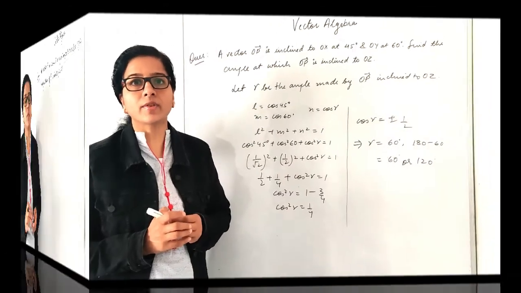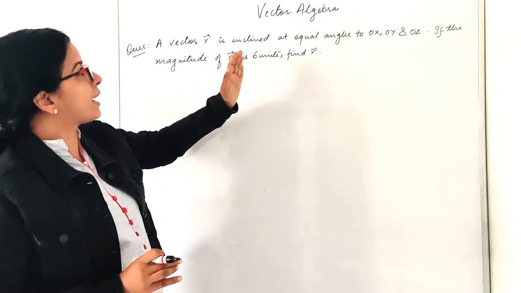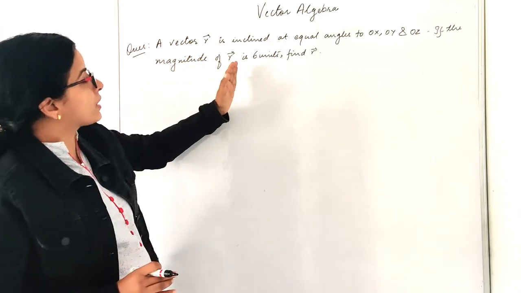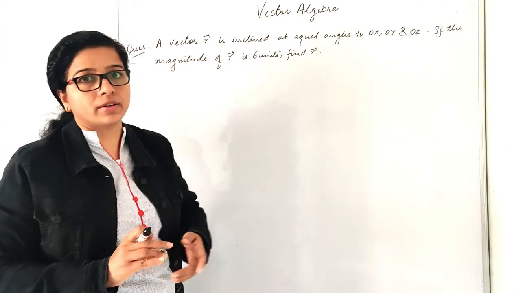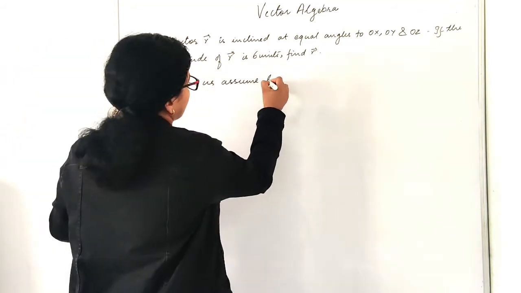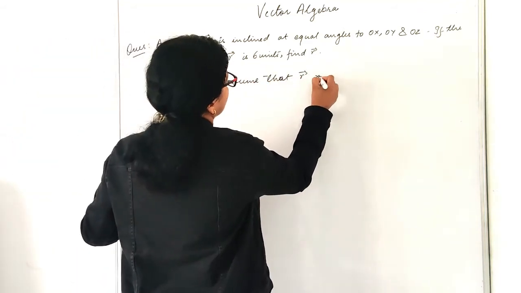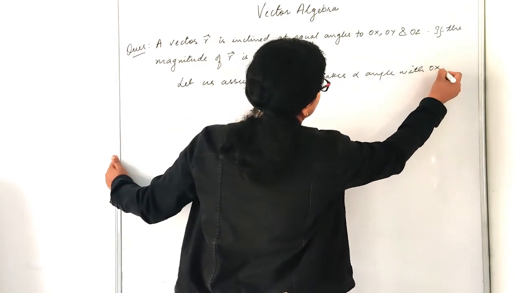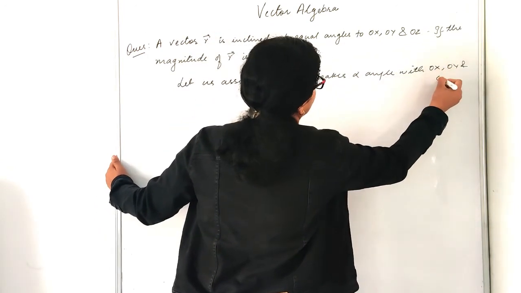Now let us take one more question. A vector R is inclined at equal angles to OX, OY, OZ. If magnitude of R vector is 6 units, find R vector, right? So let us assume that R vector makes alpha angle with OX, OY and OZ, right?